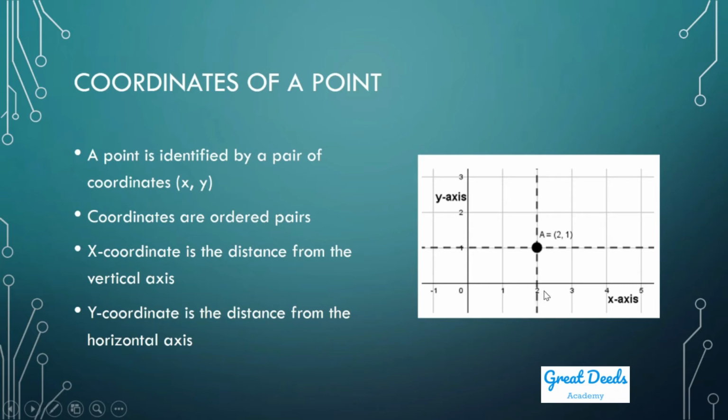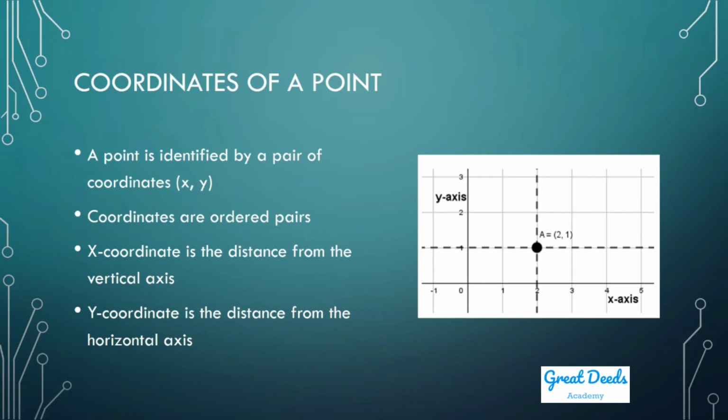In this case, it is 2. We will draw another imaginary line through point A that is perpendicular to the y-axis. Where that line intersects the y-axis is the y-coordinate. So you have a set of coordinates, a pair of real numbers, x and y.